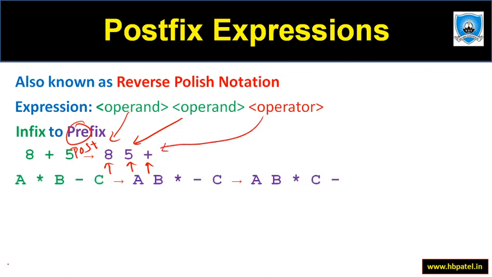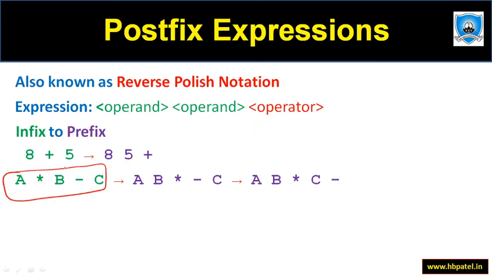Now if I have a slightly more complicated expression, a multiplied by b minus c, let us evaluate this first, because multiplication has higher priority. So a, b, and then multiplication. This is the outcome of this.